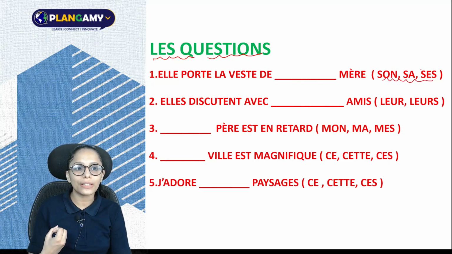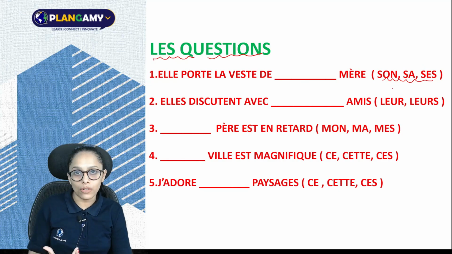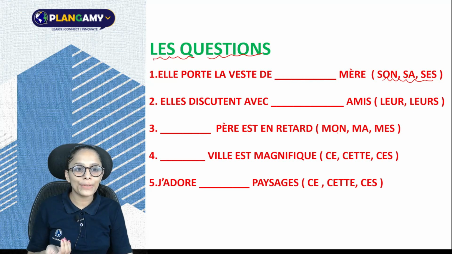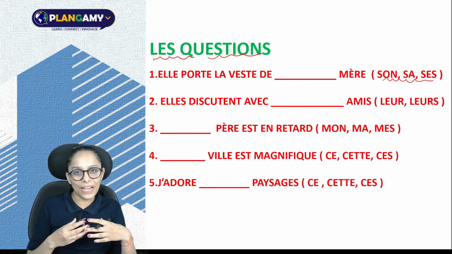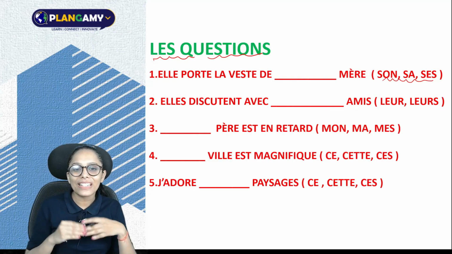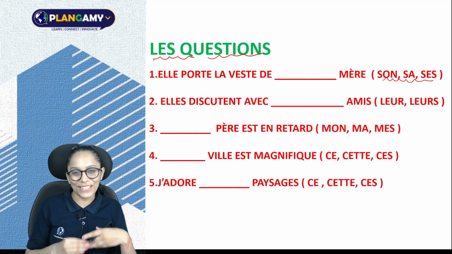So here in the brackets you have some options. You have to choose whether you will use ce, cet, cette or ces. So you have to only pick one. Same you will do here, and same you will do here, here and here. Now don't worry and please pause the video for 5 or 10 minutes and complete these 5 questions.